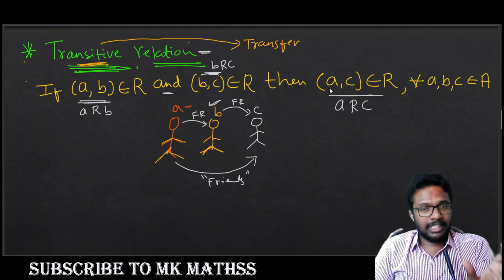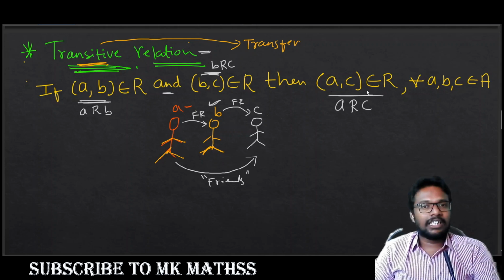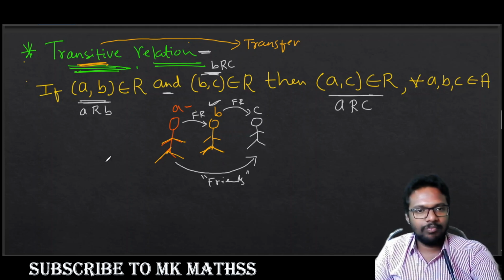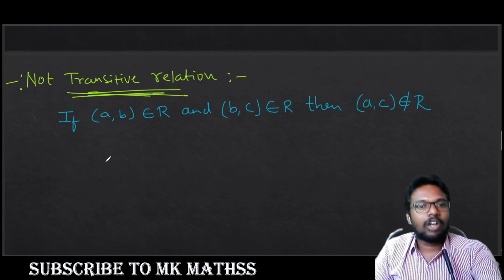If (A, C) does not belong to R, then it is not a transitive relation. See, in the next definition I have written not a transitive relation.